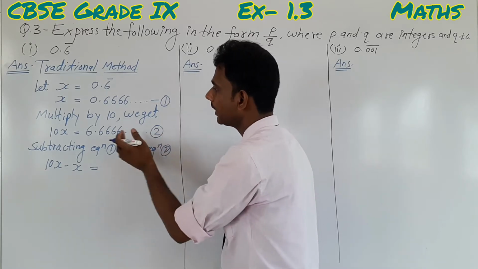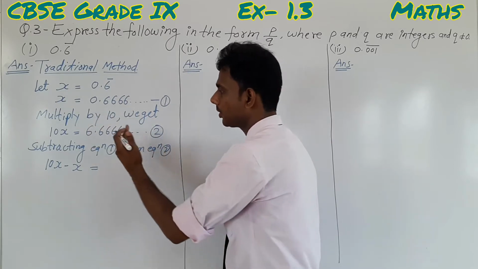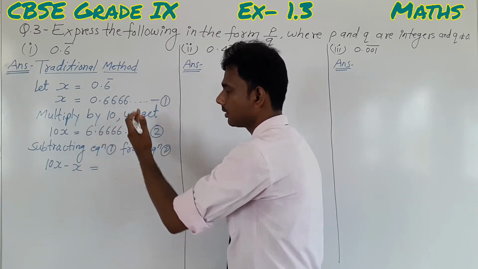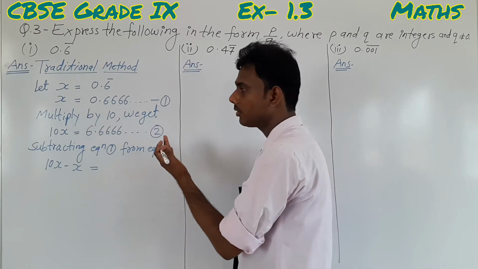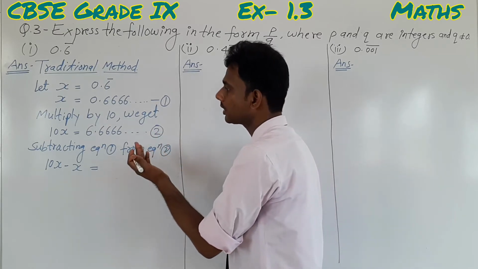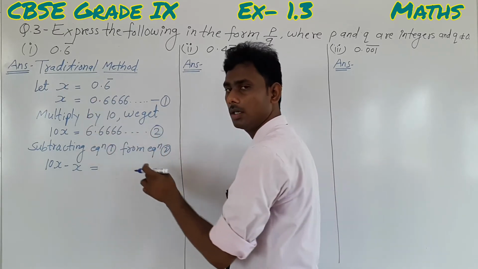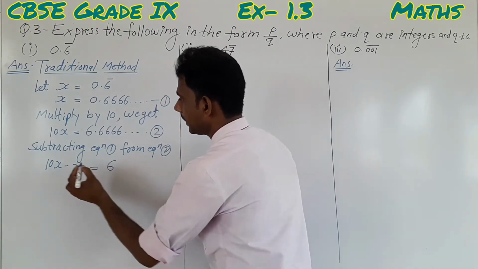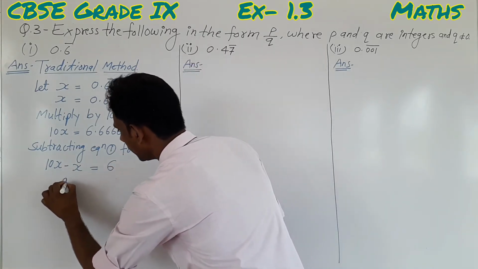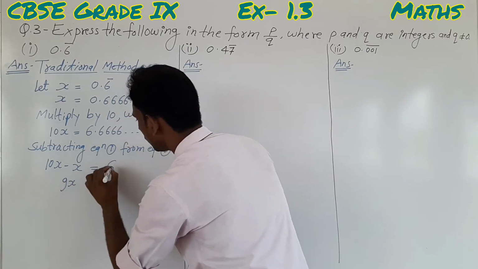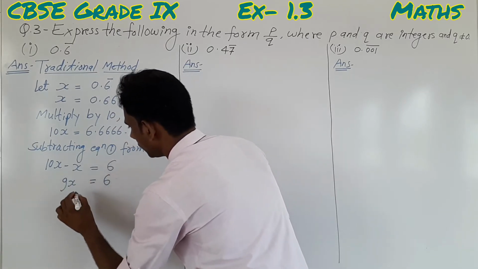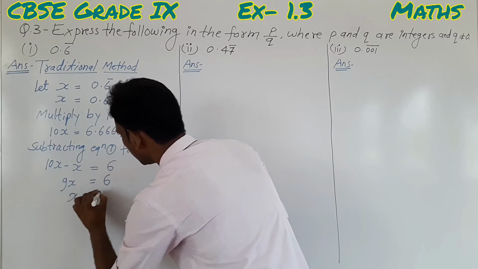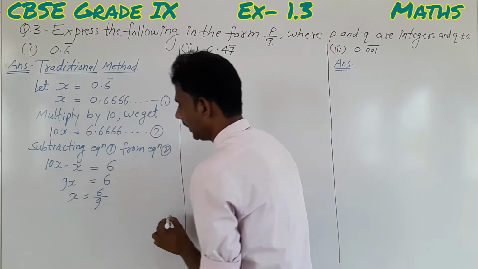Then we get 6 minus 0, because after the decimal all the numbers are the same, so it will be 0. Only we need to subtract 6 minus 0, which equals 6. 10x minus x is 9x, equal to 6. Now x equals 6 upon 9.